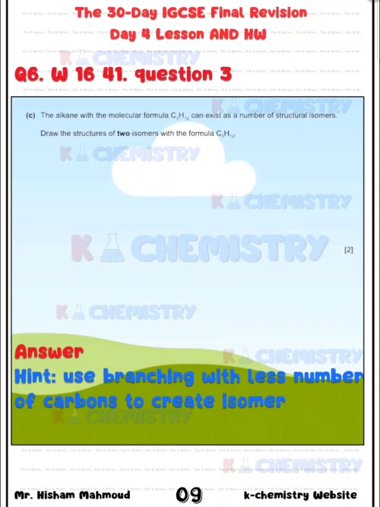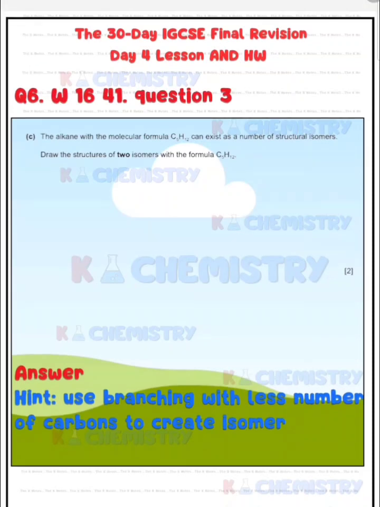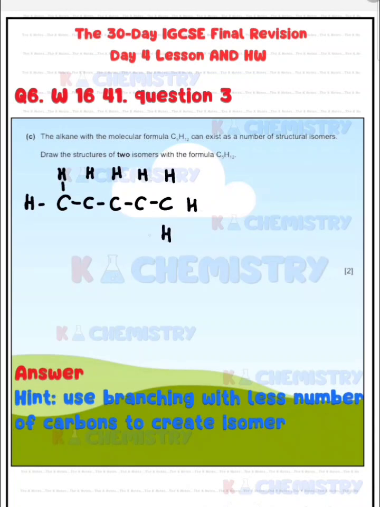So in order to make isomers of an alkane, the only thing you can do is branching again. The first one is a chain of 5 carbons: C, 2, 3, 4, 5, and then you add the hydrogen atoms. That's 12 hydrogens. Now in order to make the isomer for that, as we agreed, choose a smaller number of carbon atoms in the main chain.